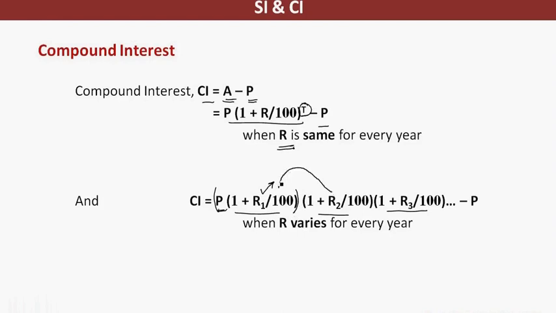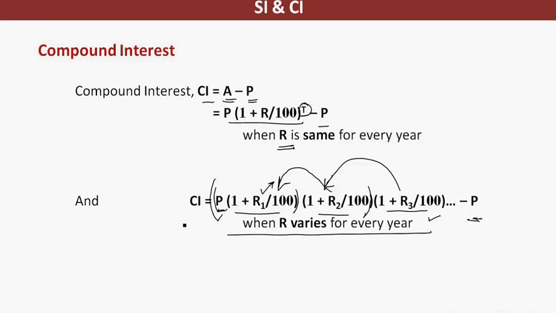The final value for year 1 acts as the principal for year 2. So this is your multiplying factor for year 2 applied on the initial value for year 2 to give you the final value of year 2. The multiplying factor for year 3 is applied on the initial value of year 3, which is actually equal to the final value of year 2, to give you your answer at the end of year 3, and so on.